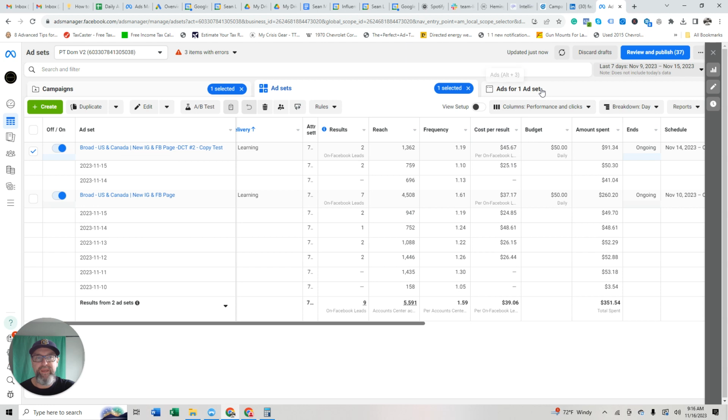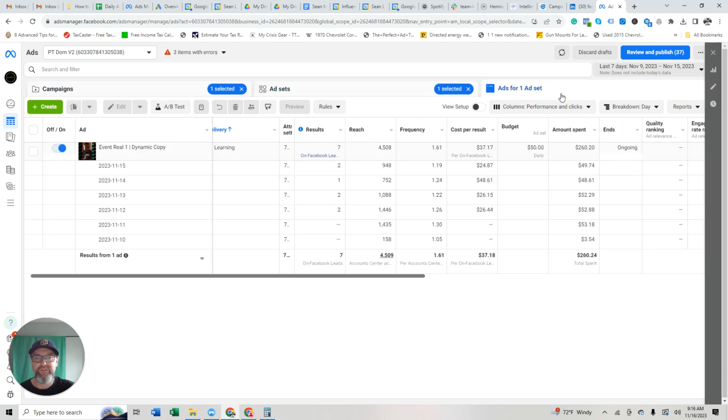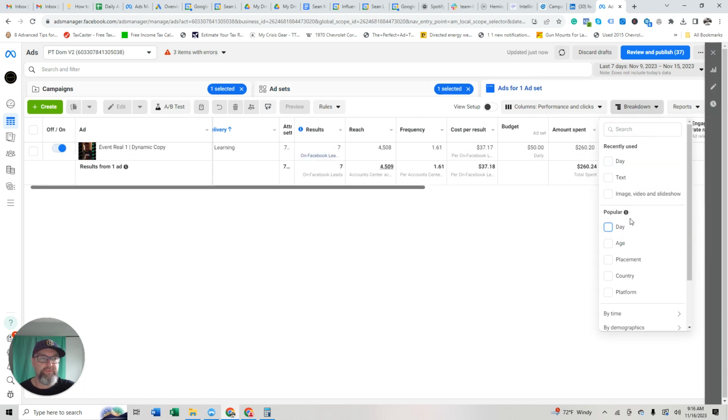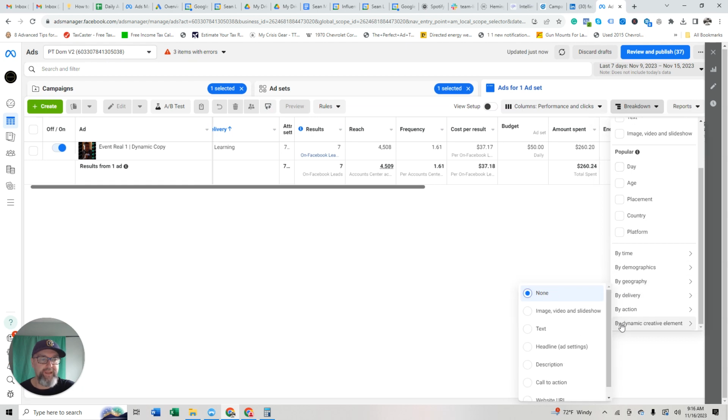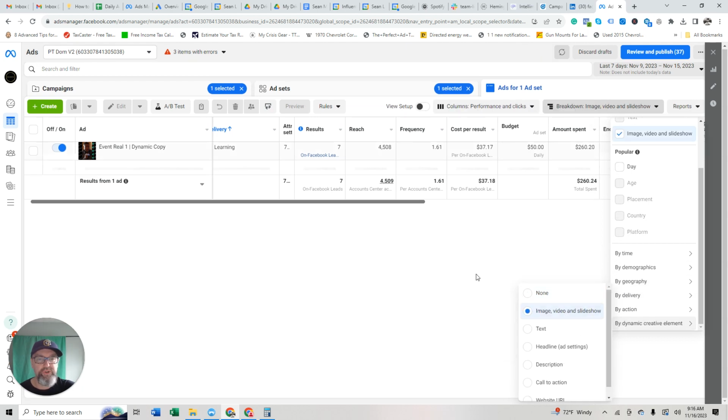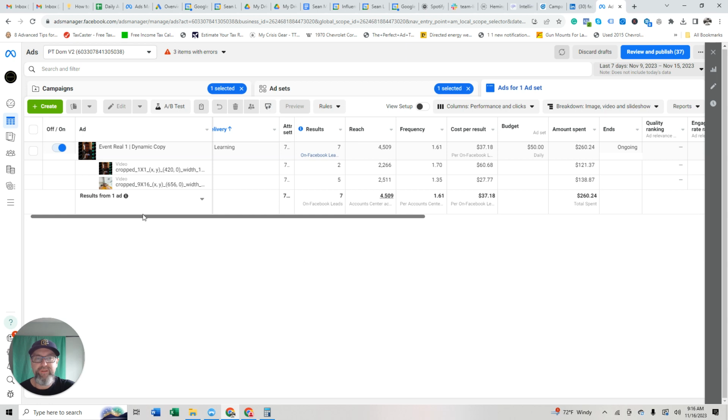Okay. Now, the next thing we can look at is if we want to evaluate the actual text and images and stuff we're using. So the way we do that is we come to breakdown by dynamic creative element, image. And now we can see, okay, this one right here so far has got a better CPA, and it's getting a little bit more of the spend, a little over 50% of the spend.